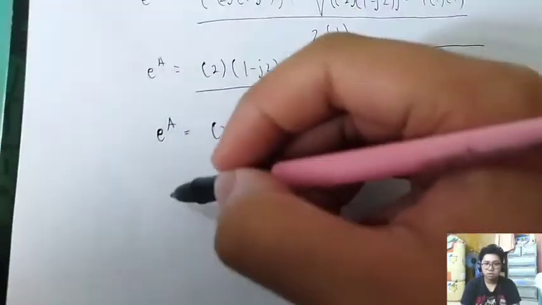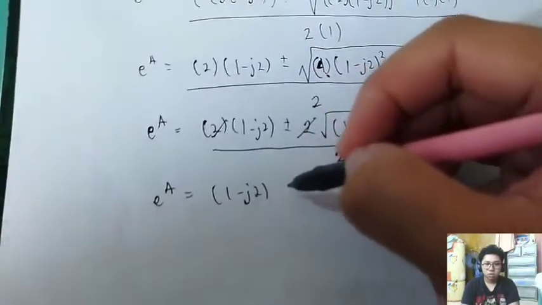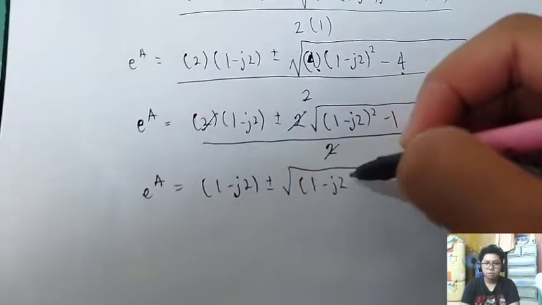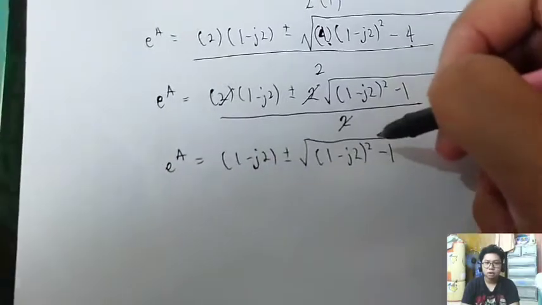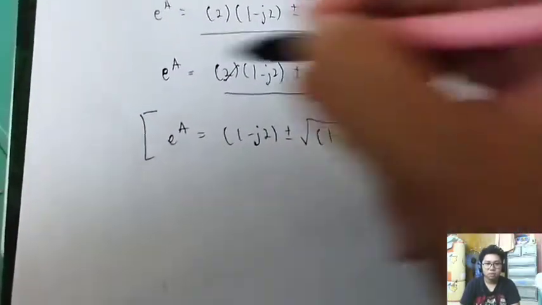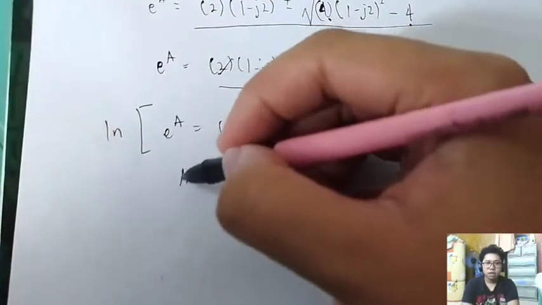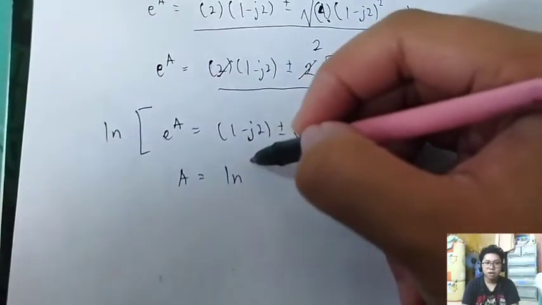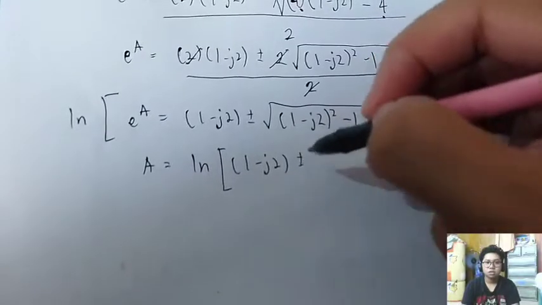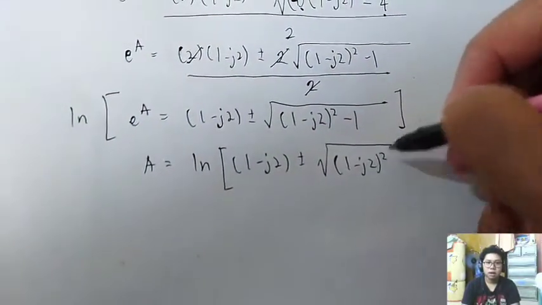Then cancel the 2, it is e raised to A equal to 1 minus j2 plus minus the square root of 1 minus j2 squared minus 1. Then we will get the ln of both sides, that is just A is equal to the ln of 1 minus j2 plus minus the square root of 1 minus j2 squared minus 1.